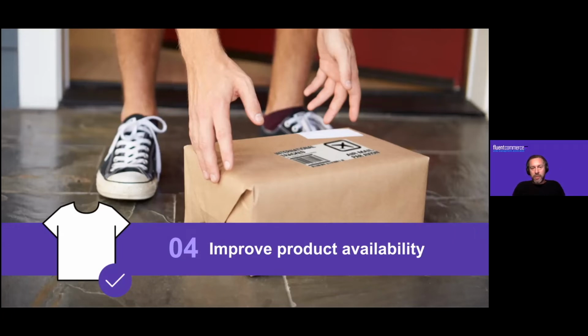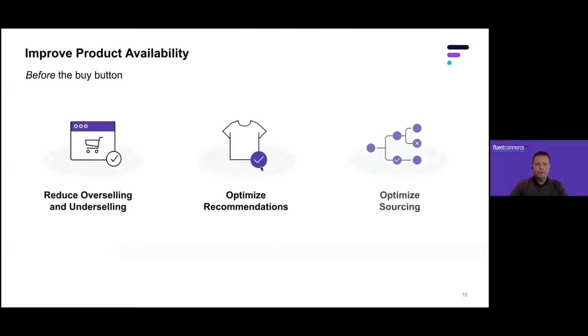Can you give us a couple of examples of ways in which our clients are doing that to enhance their customers' experience? Yeah, sure. Again, just visualizing what you've just said about before the buy button, these are the three main pillars that we would see, just to reiterate your point around why this is important.